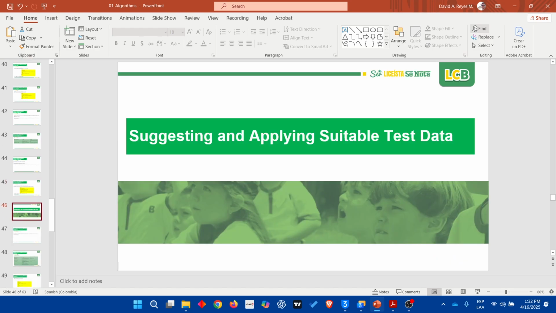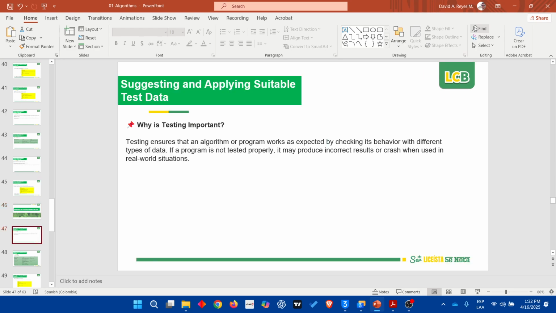So now, suggesting and applying suitable test data. This is when you are going to start testing if something works in your algorithm. Okay, so testing ensures that an algorithm or program works as expected by checking its behavior with different types of data.